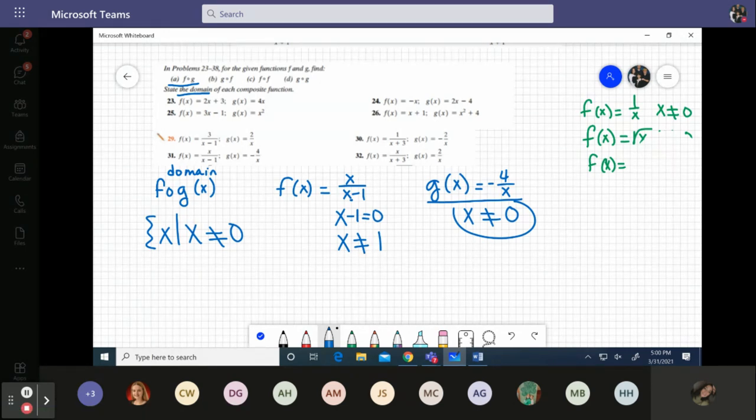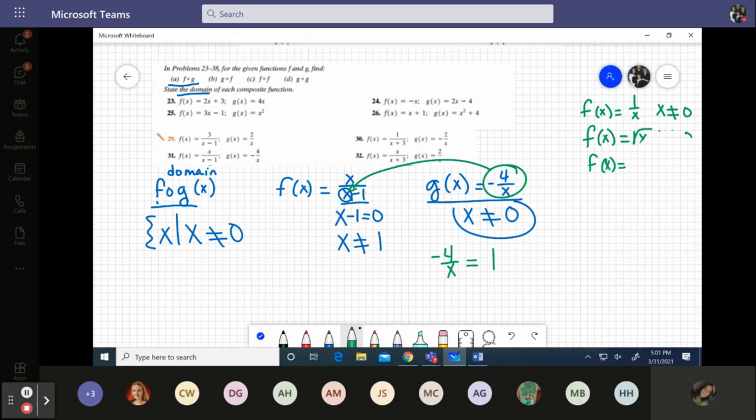Now, since I'm doing the composite function, I have to put g into f. I need to be inserting g right there. So that means that this negative 4 over x cannot equal a 1.